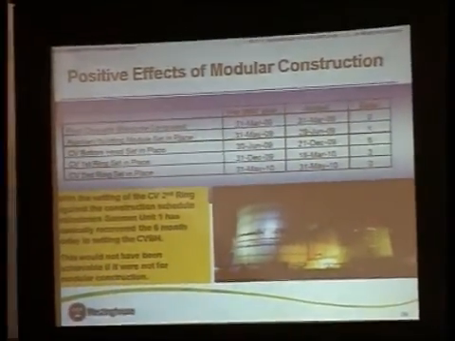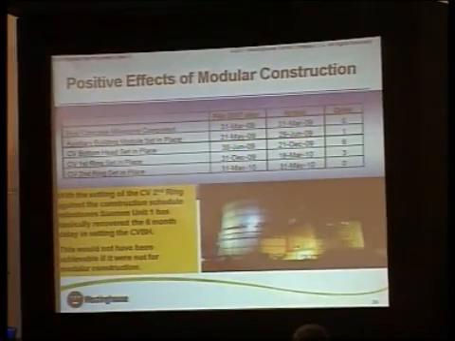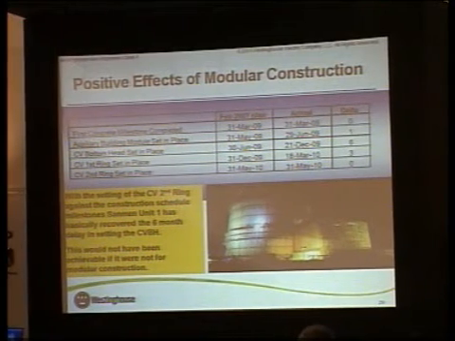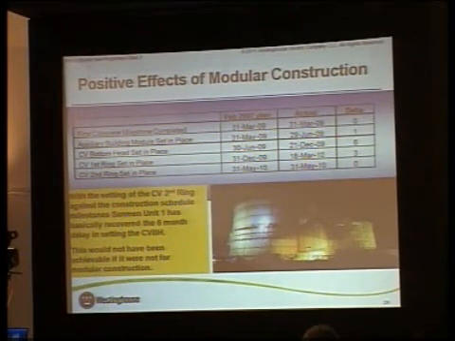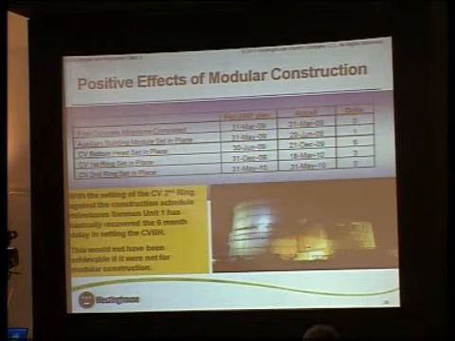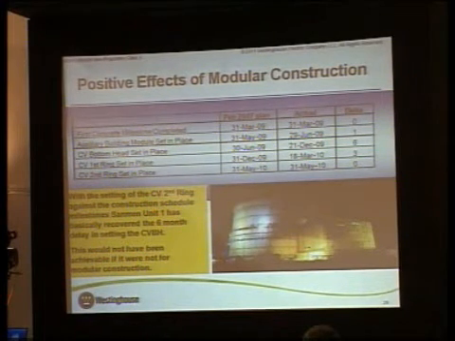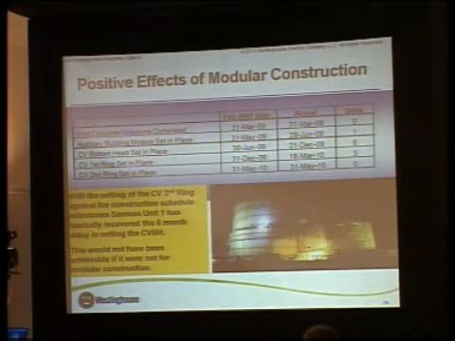We see two benefits from modular construction. One is improved quality control, because much of the fabrication is done in a shop as opposed to on site, so you have better control. The other is schedule control, because you can work activities in a factory building modules as you're working construction on site, so you have the ability to catch up.